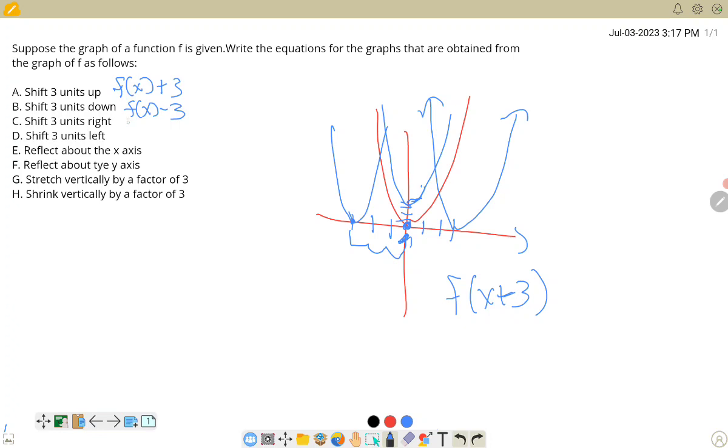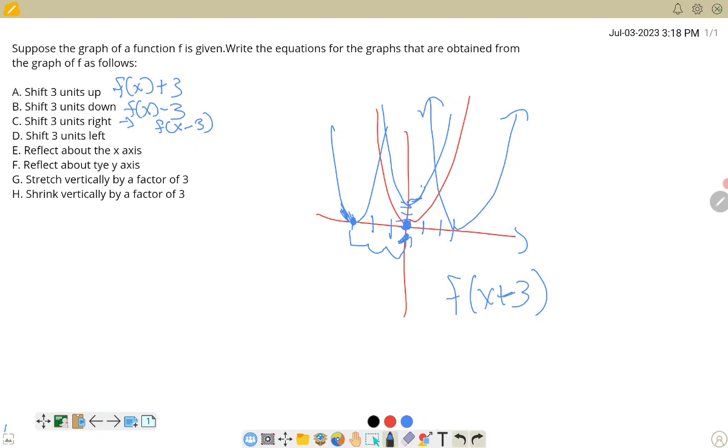So actually, if I want to shift 3 units to the right, I have to do f of x minus 3. And you should go back and verify for yourself if you were to substitute in a number, because we want to start at f of x equal to 0. That's an easy part to check if we're just shifting to the left or the right. F of 0 here should be 0.